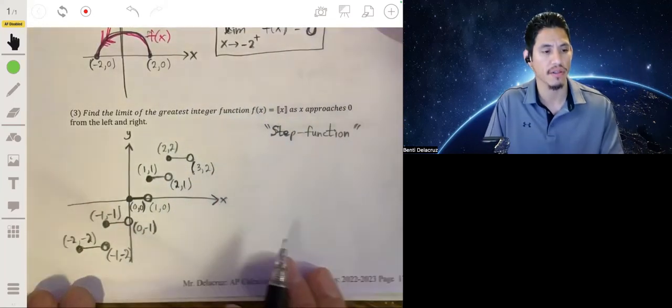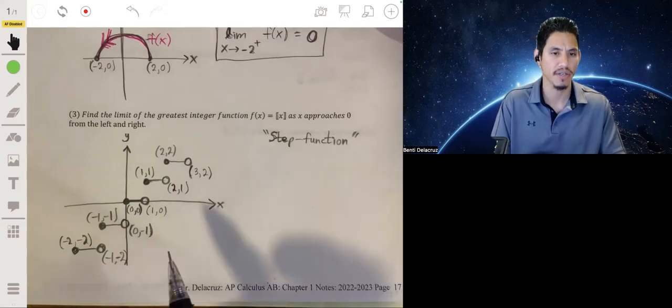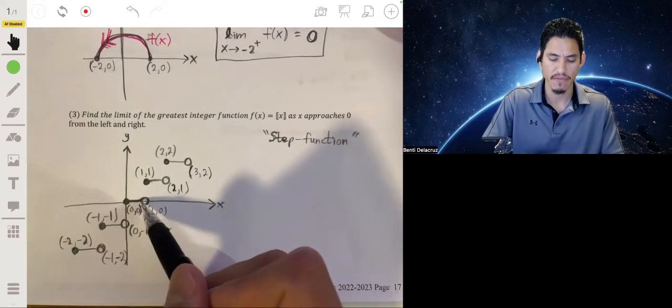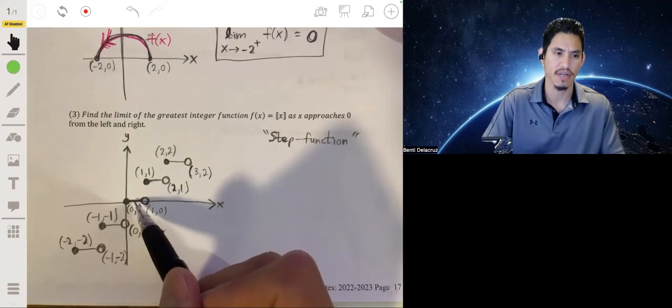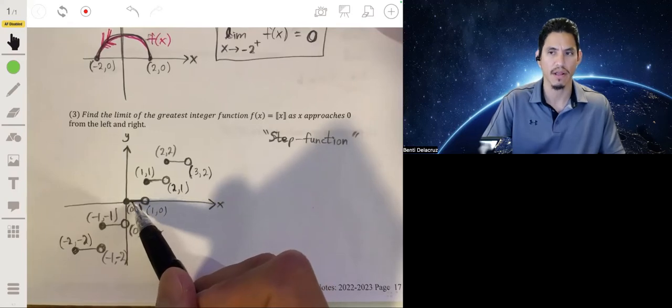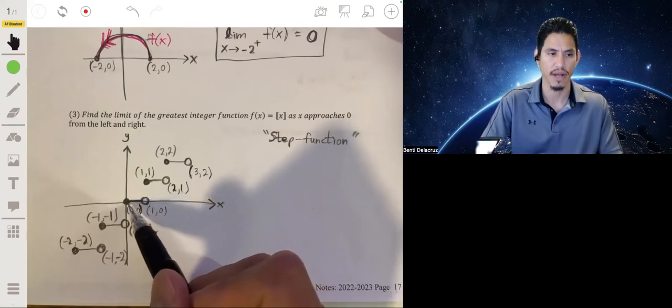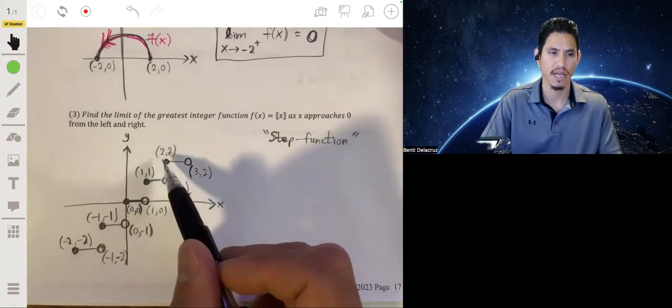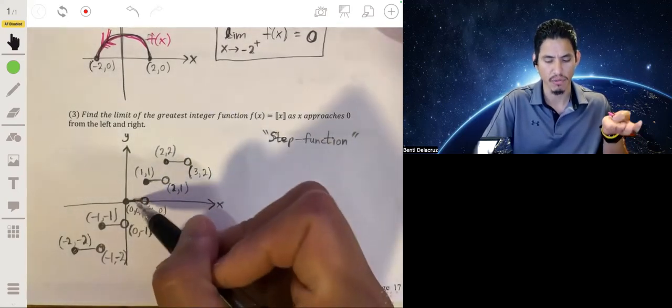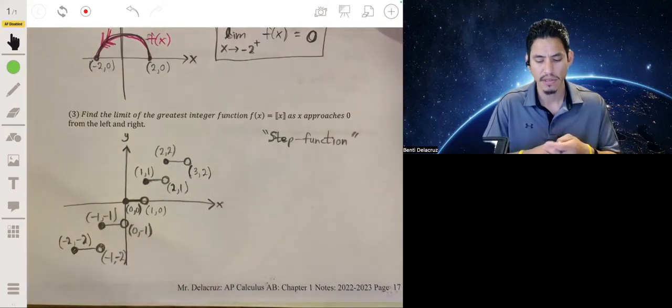So that's why we also call it the greatest integer function, because the value stays as great as it can along each subinterval, for x is 0, x is 1, x is 2, and so forth. Or I'm sorry, I mean y is 0, y is 1, y is 2.